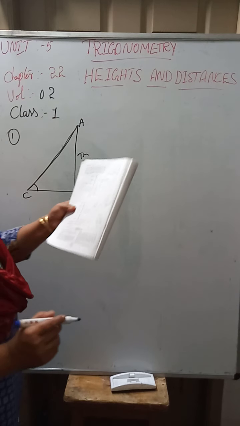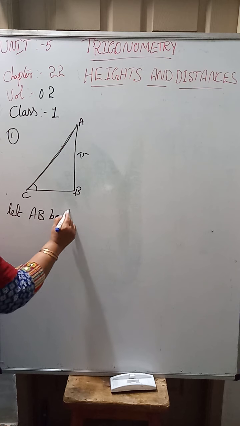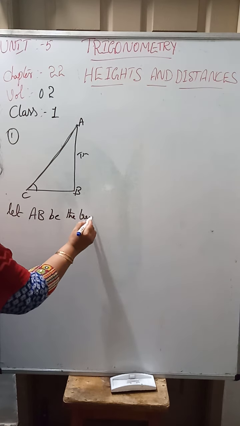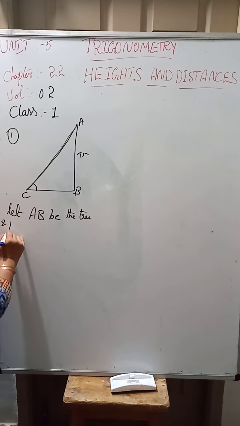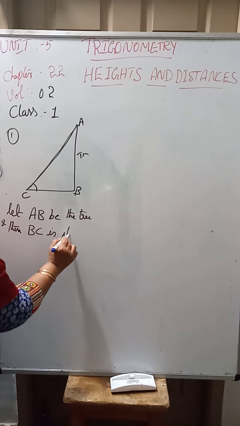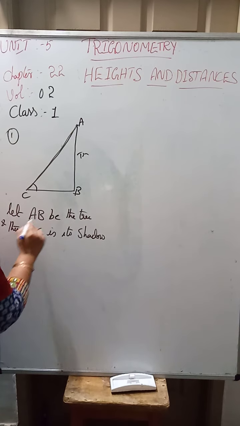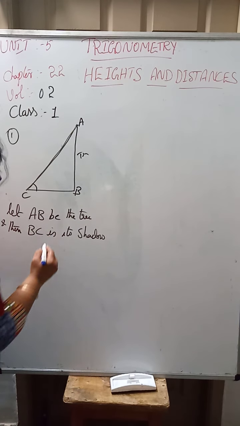Now here we have it. Let AB be the tree and BC is its shadow. Correct? Shadow. So AB, what have they given?